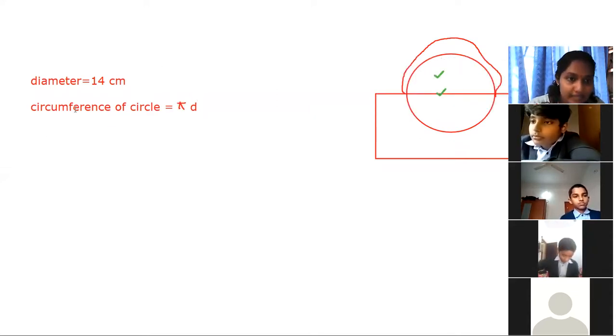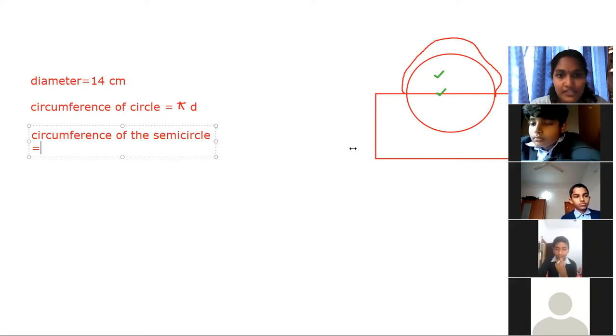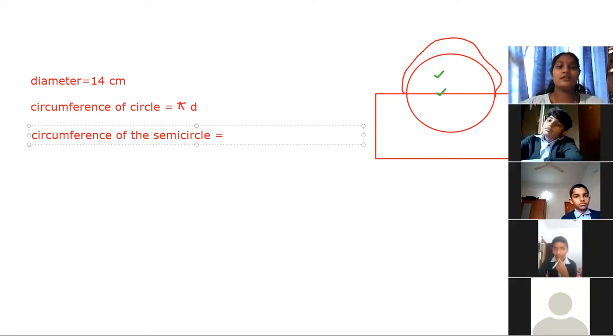Now, here we have the semicircle, right? What is the equation to find the circumference of the semicircle then? We are going to derive the equation here. We know the circle equation. We need the equation to find the circumference of a semicircle.